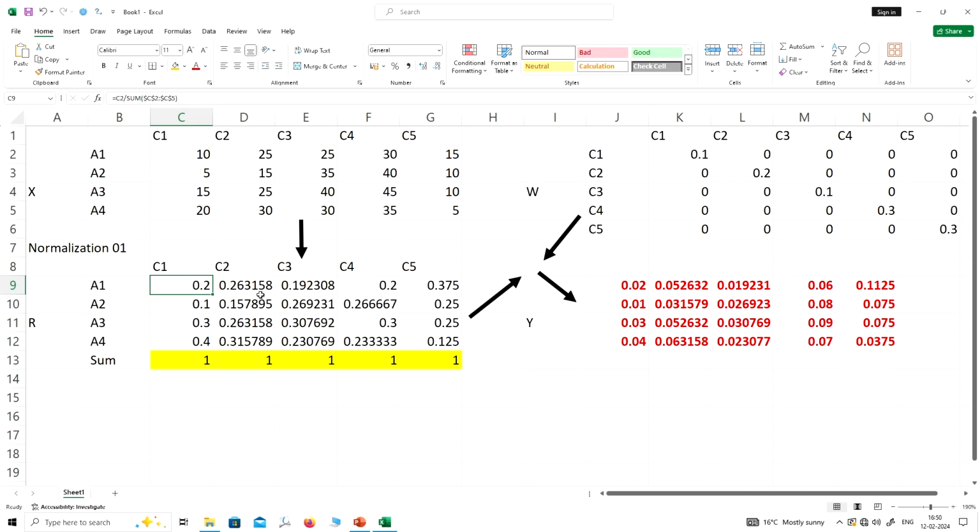What if we used, since that was a linear one, maybe I can use the quadratic one. So, the quadratic one with the value squared divided by the sum of the squares, or the logarithmic one, log divided by the sum.